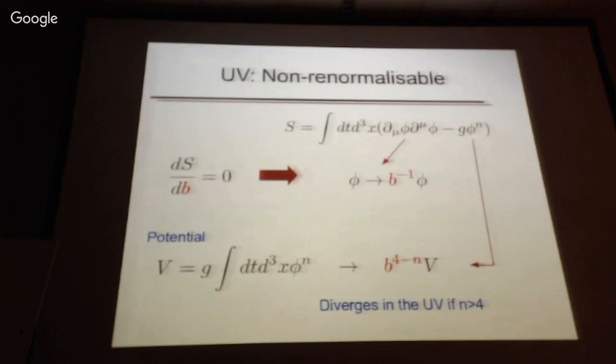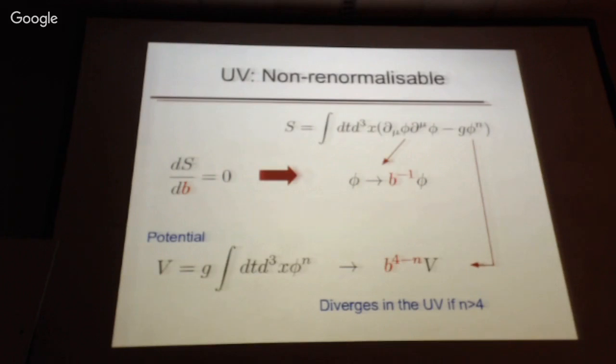Now, taking that my field rescales as b to the -1, I plug it into that potential, and what I get is that the potential rescales as b to the 4 minus n. So if n is equal to 4, it's invariant.